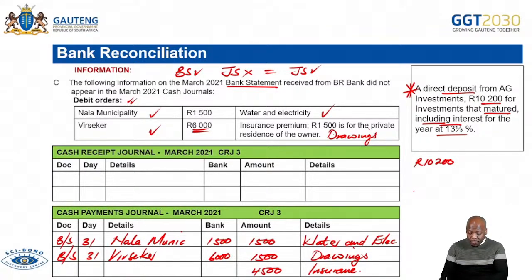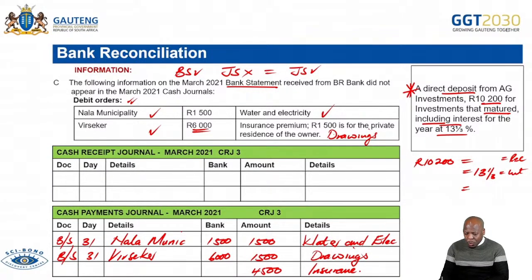So when I have the 10,200, what percentage is this? Because I know this is the full amount that I've received, but I have interest. Interest is 13.33%.